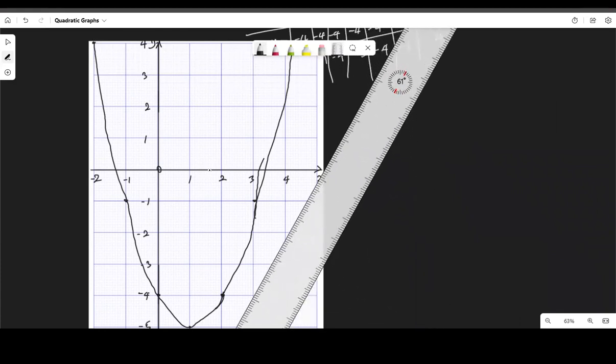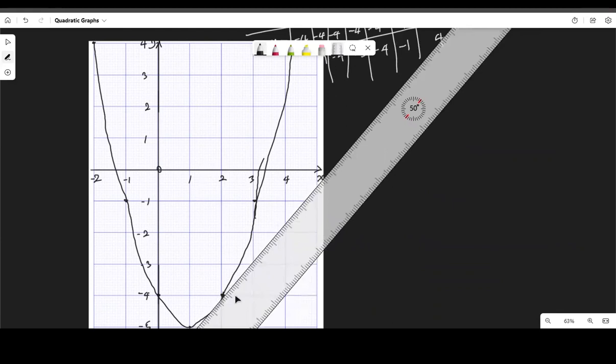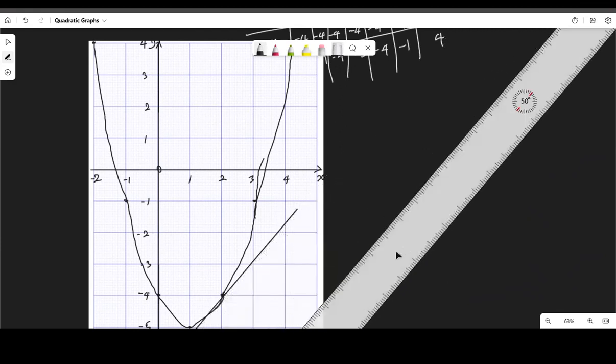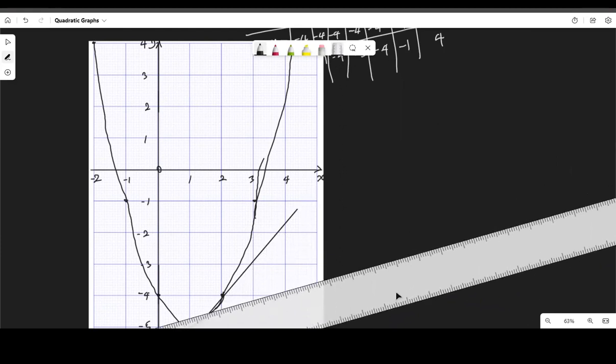If x equal to 2, press it until you meet the curve, which is right here. Then place a ruler there and rule a straight line. And we'll calculate the gradient of this. How can we do that? We'll drop a line here to form a triangle. Let me do that.